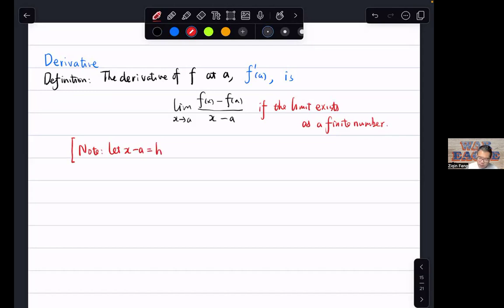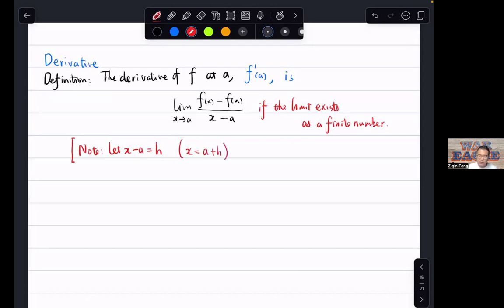In this case, because it's the difference x minus a, sometimes it's not easy to cancel that. We just want to make it easier, so we give a name for that. We call that h. If you do this substitution, then x equals a plus h.